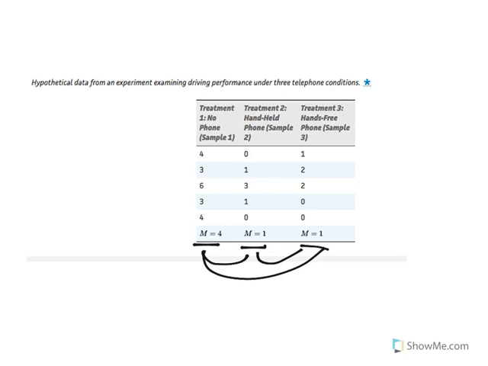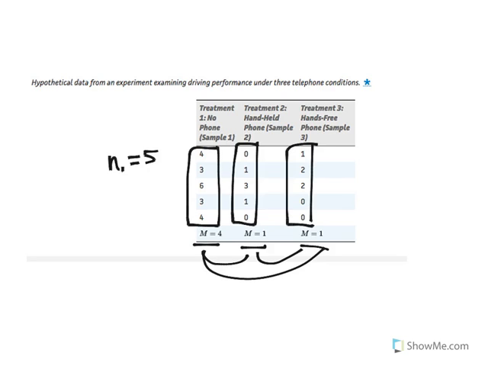The within treatment variance, in general, is representative of the differences that we see within each sample. So again, notice that we're administering this treatment to 5 different individuals in treatment 1. And I'll ask you, are all of these scores equal to one another? And your answer should be, no, they are not. They vary, they differ from one another. So we want to account for what we refer to as within treatment variance. Again, within each sample, the scores vary or differ from one another.